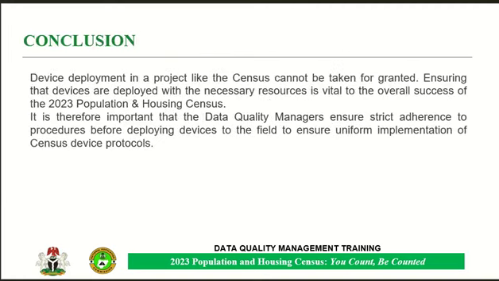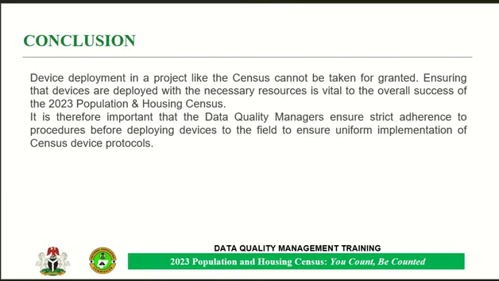Now, in conclusion, device deployment in a project like the census cannot be taken for granted. Ensuring that the devices are deployed with the necessary resources is very vital to the overall success of the population and housing census. It is important that the data quality manager ensures strict adherence to procedures before deploying devices to the field to ensure uniform implementation of census device protocols.